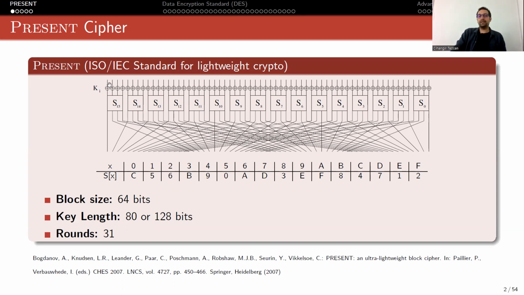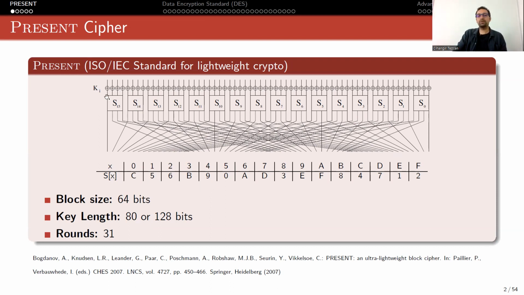All right, so after key addition, we have the substitution layer. Here we have an S-box which takes 4 bits as input and gives 4 bits as output. All of these S-boxes are identical. We have 16 S-boxes, and this S-box is represented here. It tells you which 4 bits go to which 4 bits in hexadecimal notation.